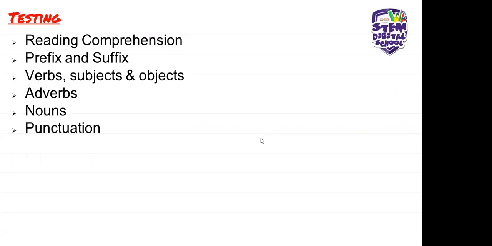I received a few emails telling me that you are not comfortable with punctuation and that the verbs, subjects, and objects are still bothering you a bit. That's why we're going to do it again today. Tomorrow we will continue with adverbs and nouns. Thursday we're going to do reading comprehension, and on Friday prefix and suffix.